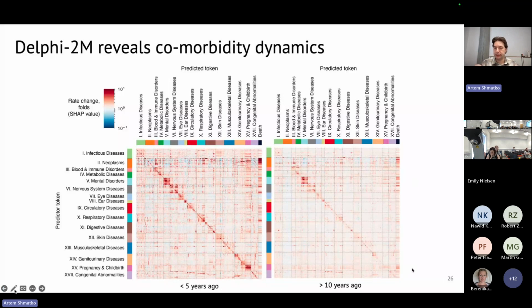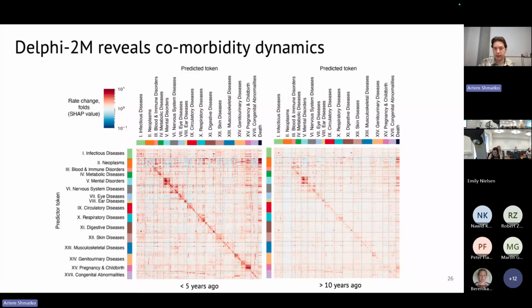So you can immediately see that the whole thing is much paler. It seems the model learned that if something happened 10 years ago, no matter what it was, the chances that it influences your current health, or the extent to which it influences your current health, are generally lower.